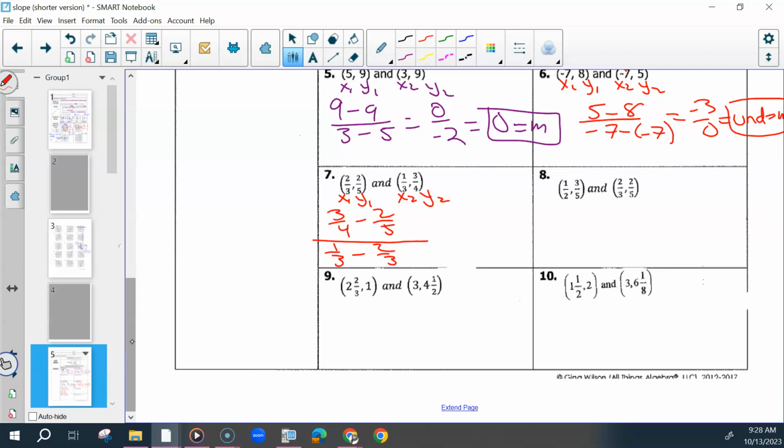So think about a number they both go into. 4 and 5 both go into 20. So I could multiply 4 by 5, but what I do to one piece of the fraction, I have to do to the other, and multiply 5 by 4, so that I'm changing both of those fractions.